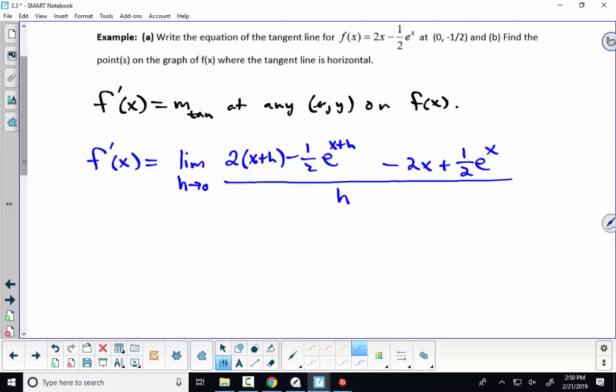Do you need another minute? Oh no, I'm just showing you. This is how we previously would define the derivative versus the shortcut. Even though there are a lot of shortcuts to remember as far as formulas go, at least it keeps us from having to mess with all of this stuff. So shortcut way, the derivative of that function is what? 2 minus 1/2 e to the x. Do y'all agree? 2 minus 1/2 e to the x.